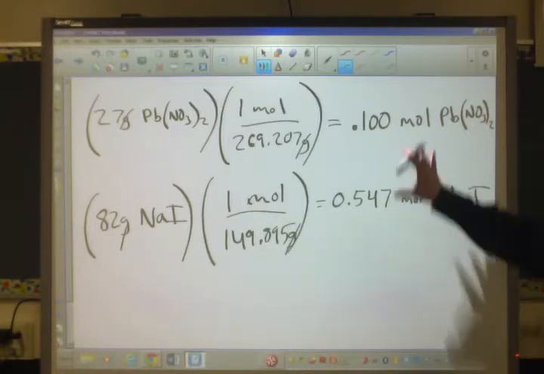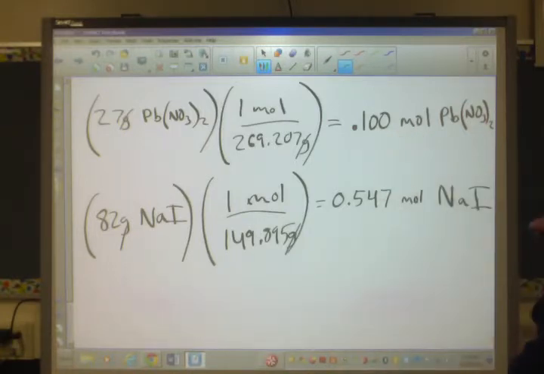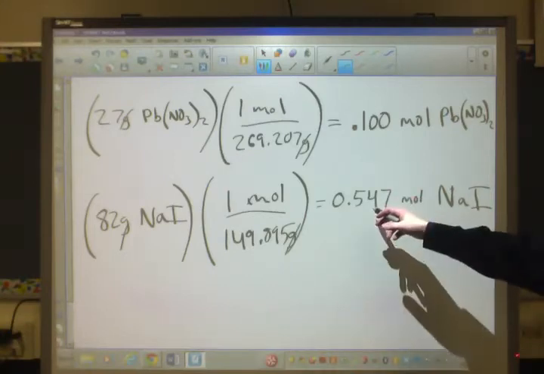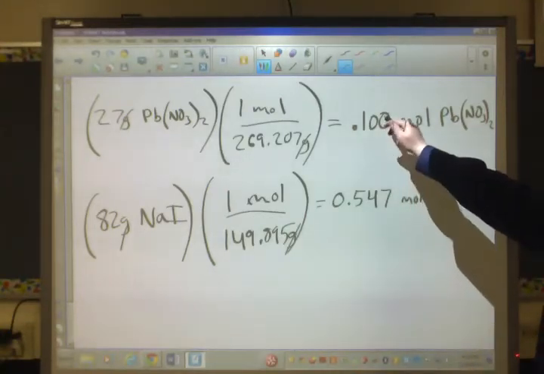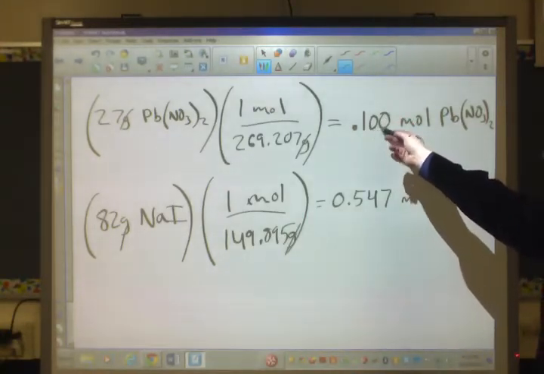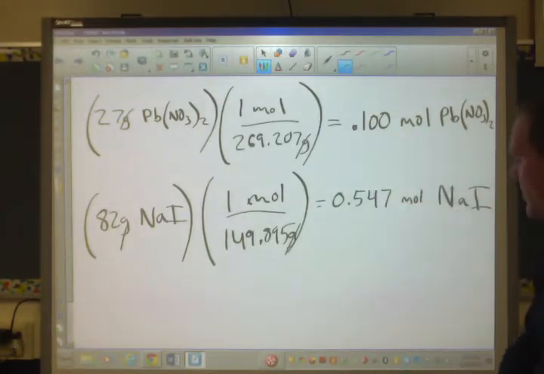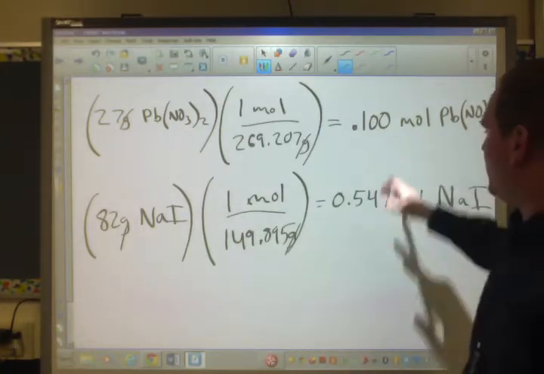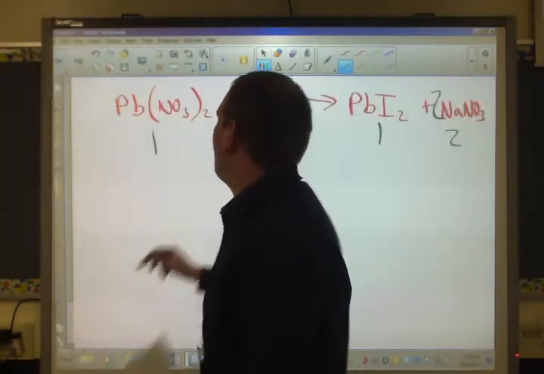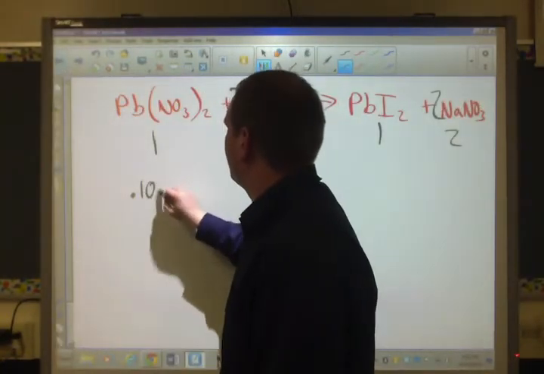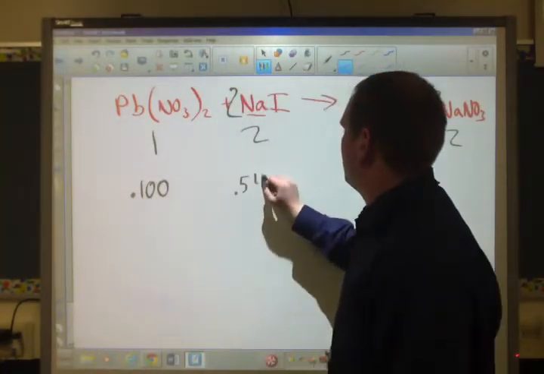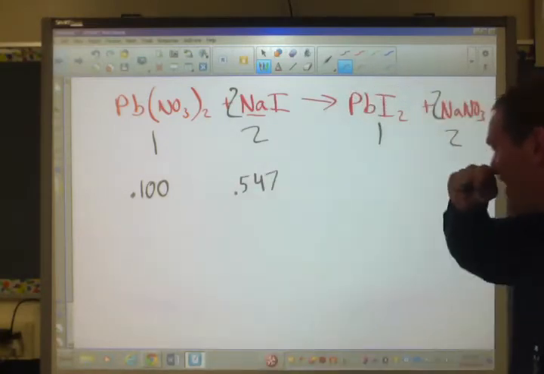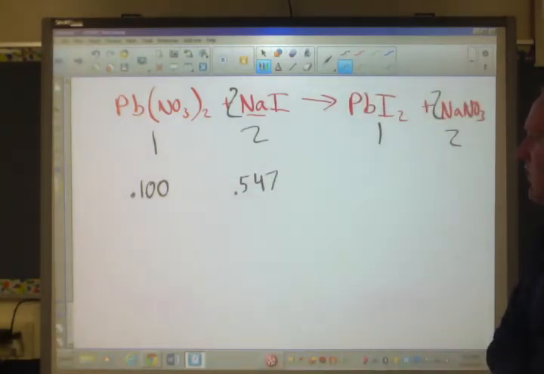Okay, so this is what I have, and I could tell right off the bat, unless my ratio is more than 5 to 1, this is definitely going to be my limiting reactant, because it's 0.100 versus 0.547, but we'll check. So 0.100 and 0.547, I'm going to go back and write these in. So those are the moles of my reactants that I have.